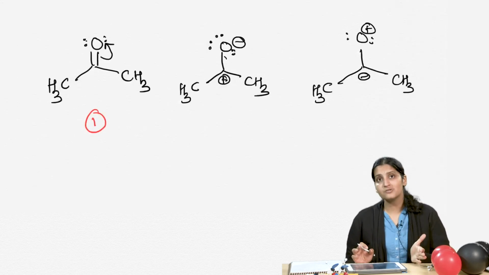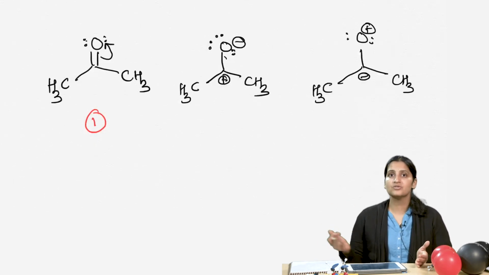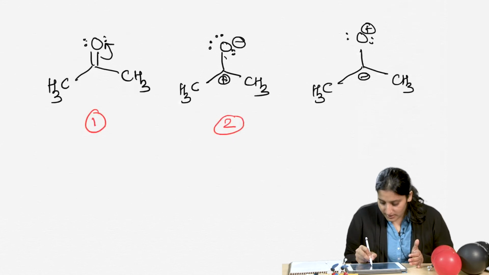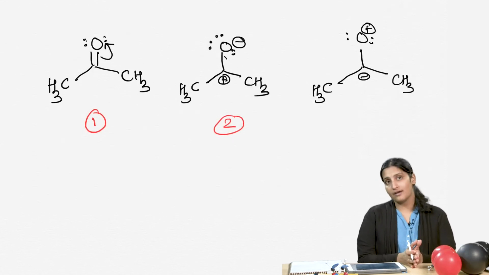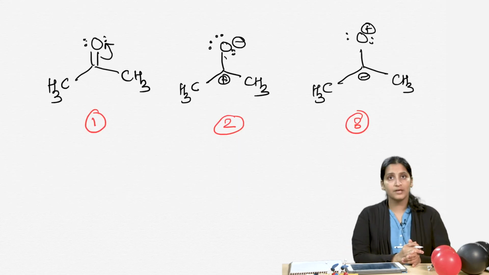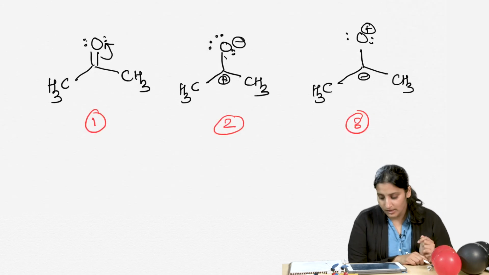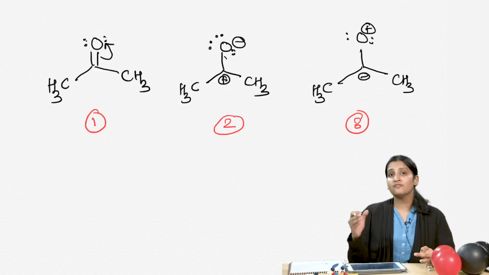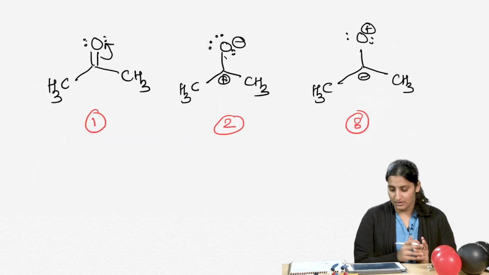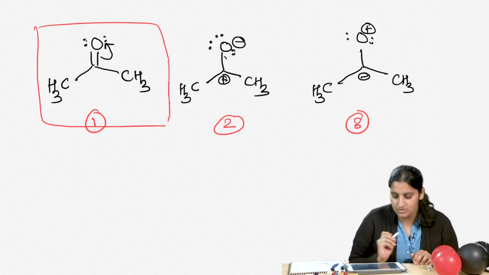So, this one is much more stable than the other two resonance structures, in which you have an incomplete octet. In the second one, the central carbon does not have a complete octet. In the third one, oxygen does not have a complete octet. So, both of these contribute less towards the resonance hybrid, and the first one contributes much more.